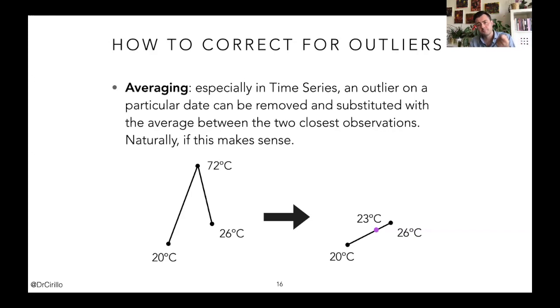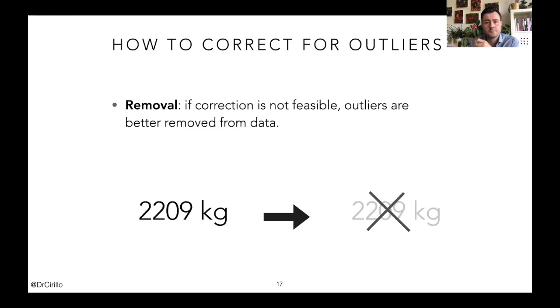It's not a big deal. But if we want to have a value, what we can do, we can take the average value between the two closest observations, that is to say 20 degrees and 26 degrees. Okay, that can be something that we can do.